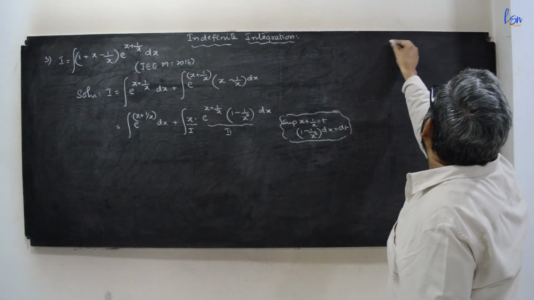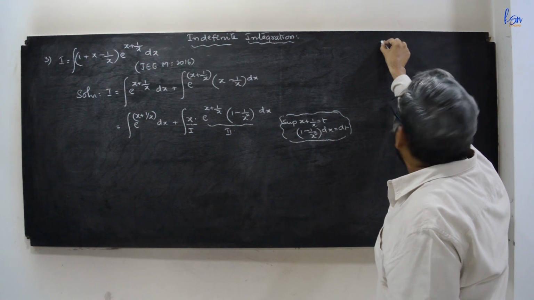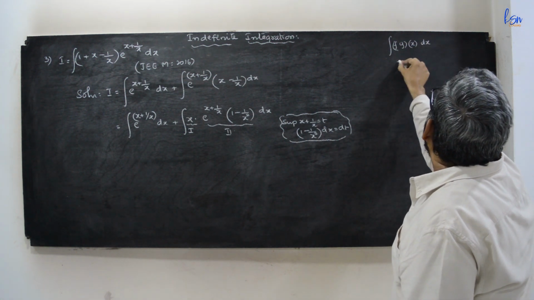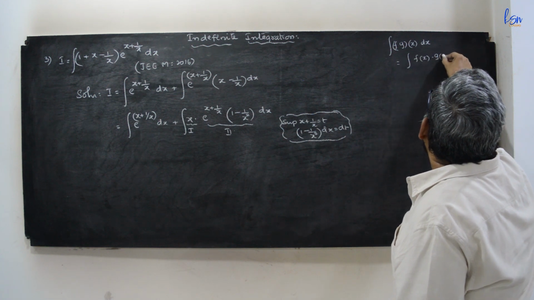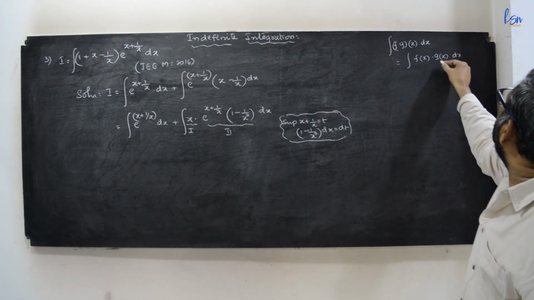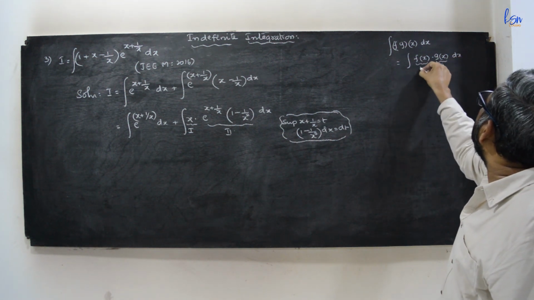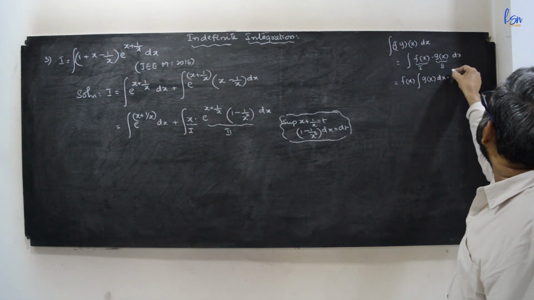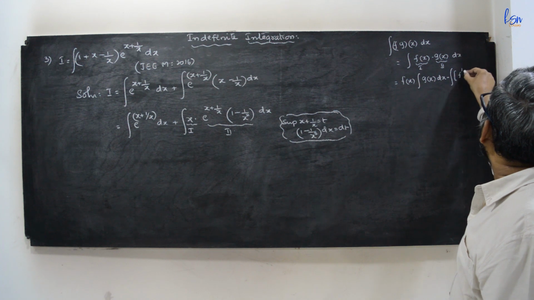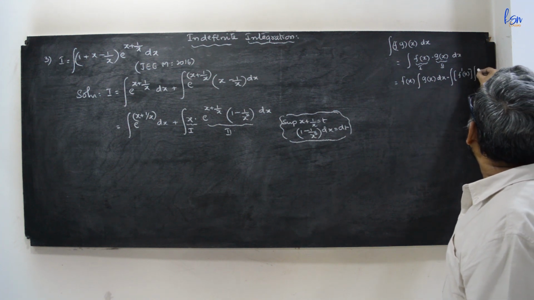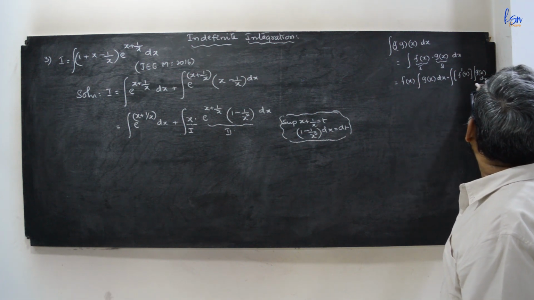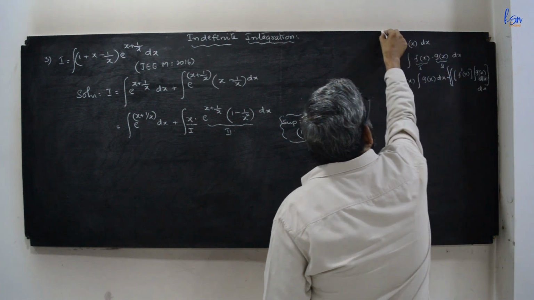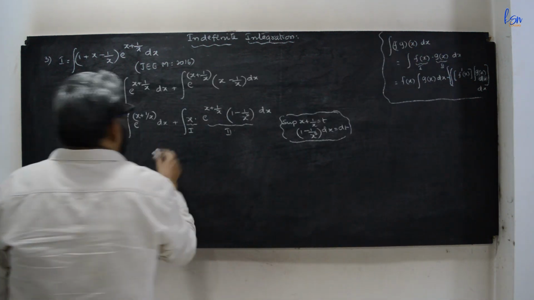For example, if f and g are two functions, then the integral of f(x) g(x) dx is equal to the integral of f(x) times the integral of the second function g(x) dx, minus the integral of the derivative of the first function, f dash x, into the integral of the second function g(x) dx, whole dx. This is the formula.